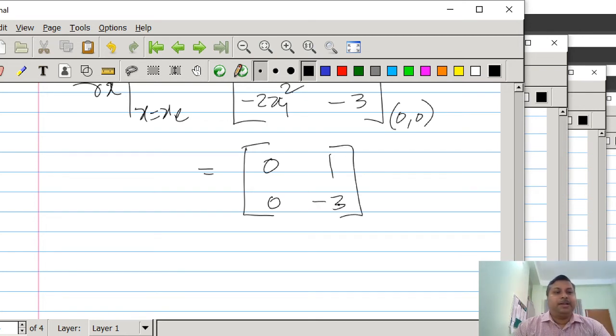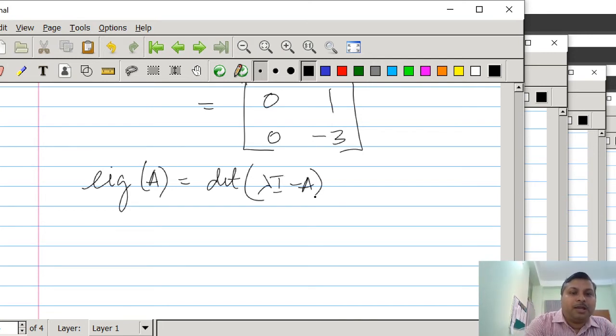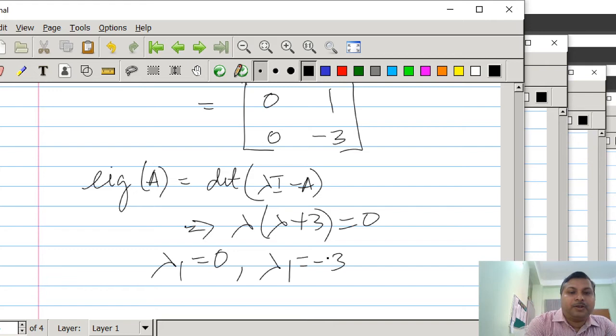If you calculate the eigenvalues of A, that is the determinant of lambda I minus A, it is coming that lambda into lambda plus 3 is equal to 0. So one of the eigenvalues is 0 and another eigenvalue is minus 3.